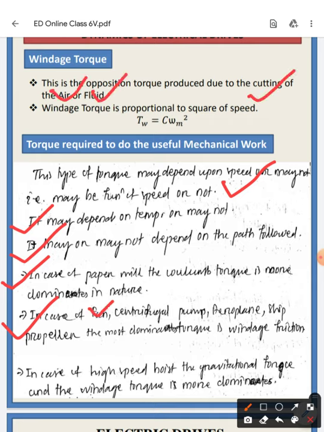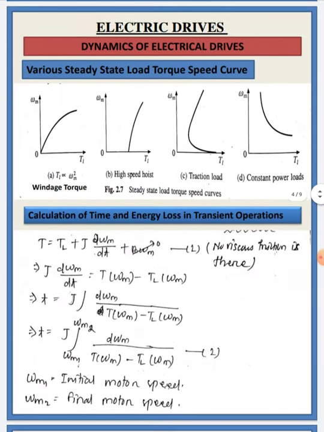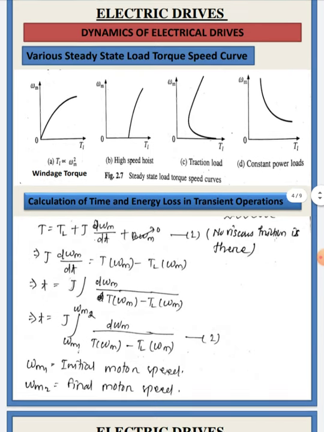That's why these are the examples of fan, centrifugal pumps, aeroplane and sea propeller. In case of a high speed hoist, or you can consider a lift, the gravitational force and the Windage torque are more dominant, right?